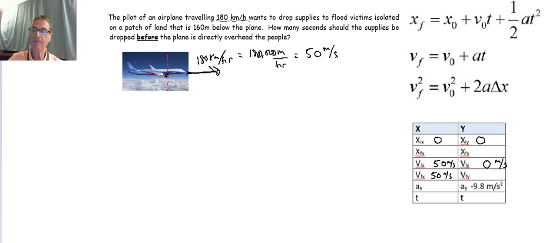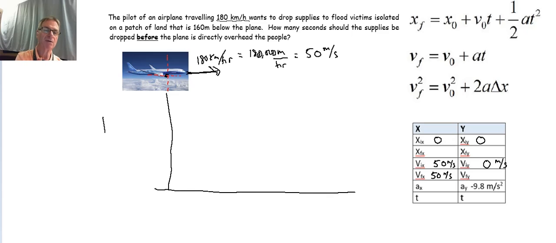Okay. Now it says that the plane is 160 meters above the surface of the ground. So if this is our x equals 0 and y equals 0 position, right where the plane is going to drop the package, then the package is going to be going in the downward y direction.